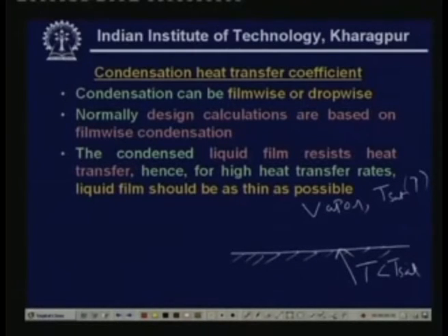So, when this vapor comes in contact with a surface whose temperature is less than the saturation temperature of the vapor, the vapor condenses on the surface and rejects the heat of condensation to the surface. That means this surface will be gradually covered with a layer. If you are assuming film wise condensation, this surface is covered by a liquid film.